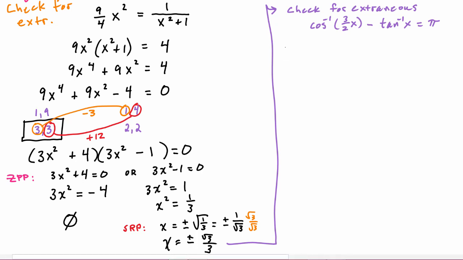So let's try our first solution, x equals radical 3 over 3, and plug that in. So we have to do cosine inverse of 3/2 times radical 3 over 3 minus the tangent inverse of radical 3 over 3. We're asking if that equals pi.